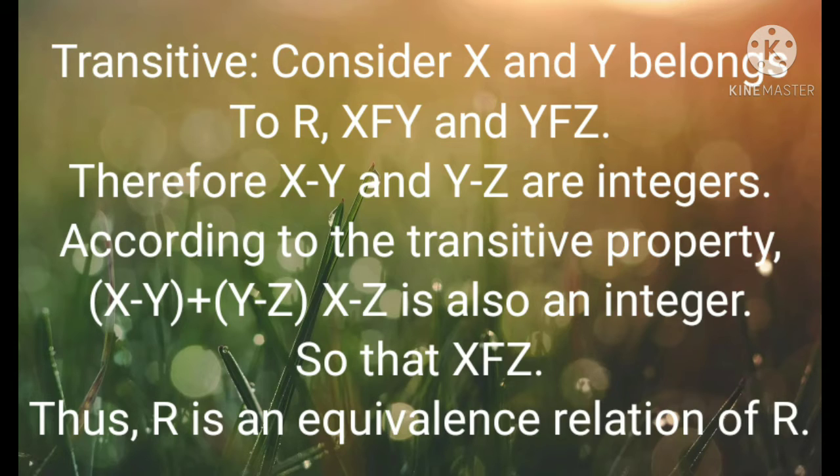Therefore, x minus y and y minus z are integers. Then (x minus y) plus (y minus z), which is x minus z, is also an integer. So x f z, thus f is an equivalence relation on R.